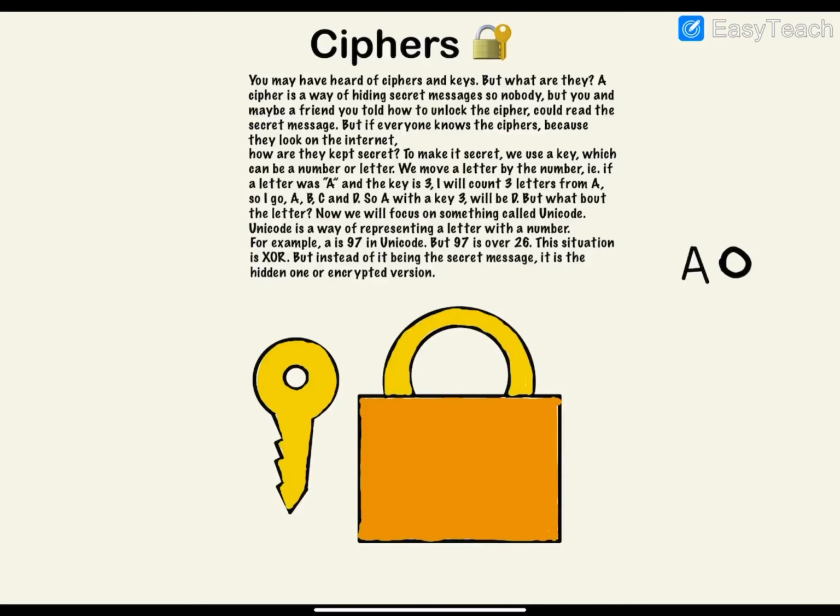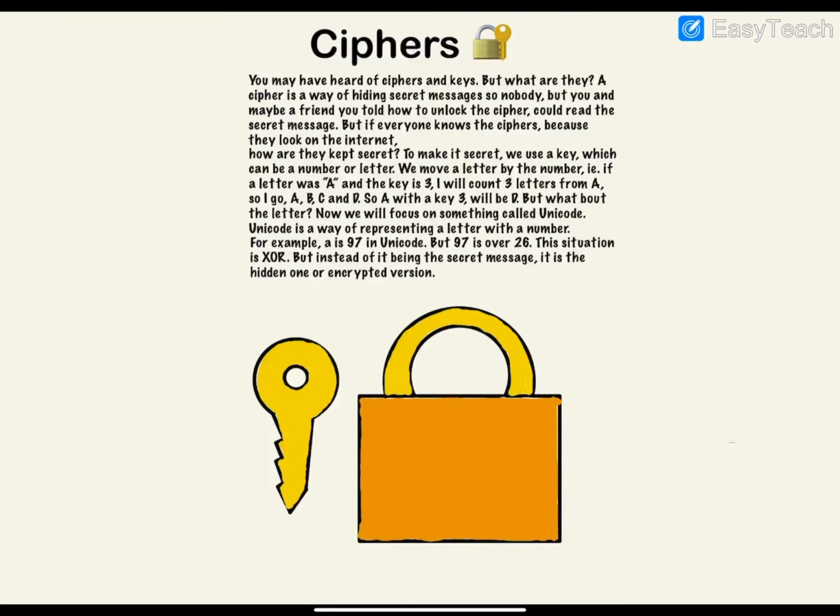Then there is B, which is 1 step from A, and C, 2 steps from A. You go 1, 2. And D is 3. So we get our answer. D is A with the key 3.